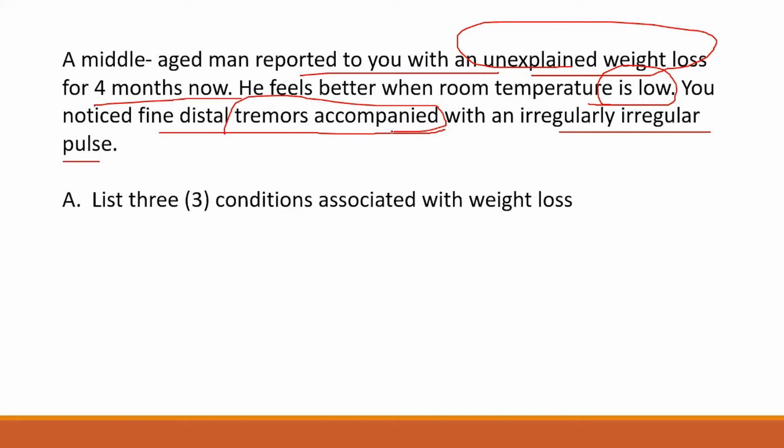Example, hyperthyroidism, type 1 diabetes mellitus, hypopituitarism, pituitary gland dysfunction. Then anorexia nervosa. These are the people who, in their mind, they are fat, so they want to be slim. Anorexia nervosa, so they don't eat.